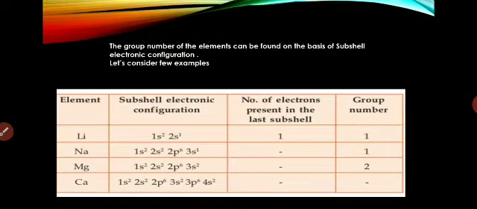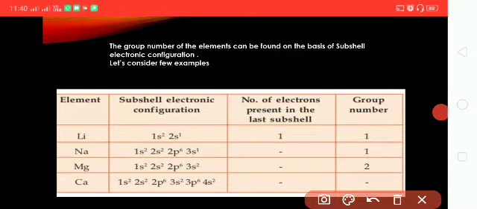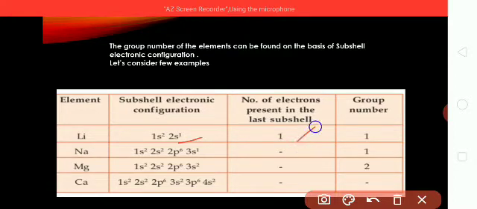Let's consider a few examples. A table consisting of 4 elements along with electronic configuration is given. If we consider lithium, the electronic configuration is 1s2, 2s1, that is, one electron is present in the last subshell.